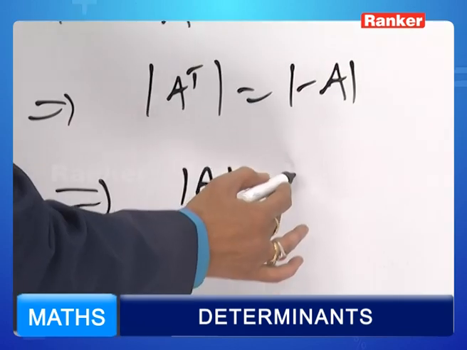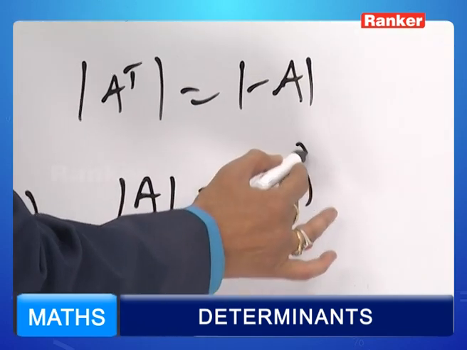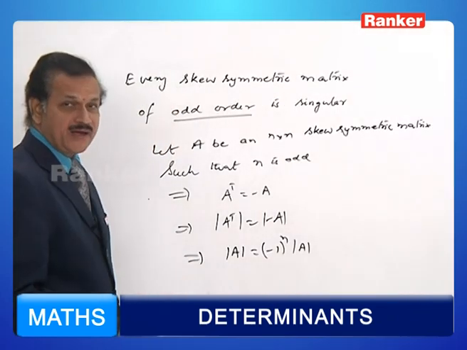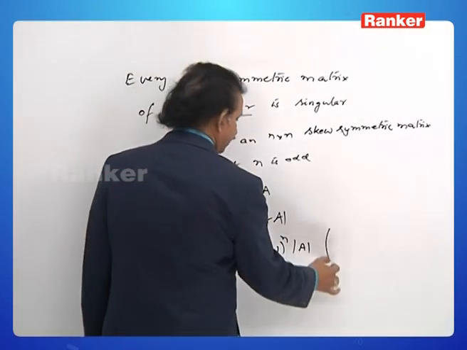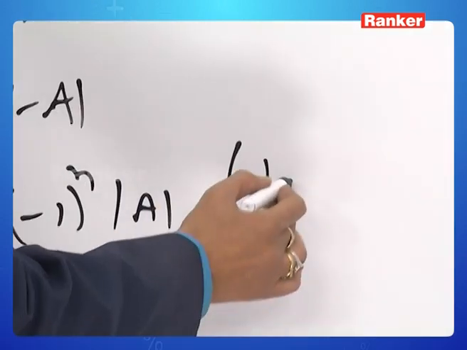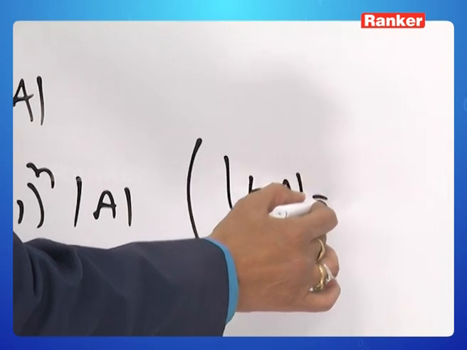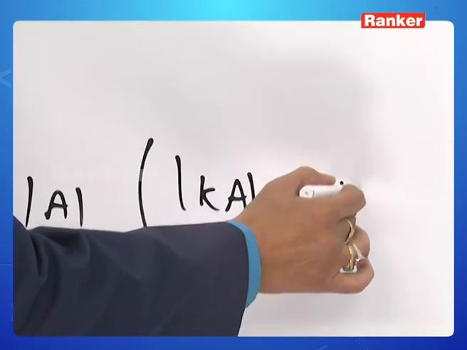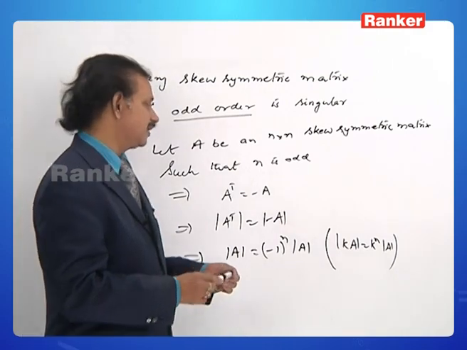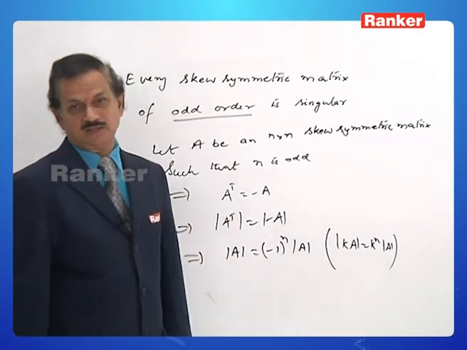And det minus A, how can you make use of that? Minus 1 whole power n into det A. How and why? Here we could have made use of one beautiful result. What is that? Det kA is equal to k power n into det A, where n is the order of the square matrix and k is a known constant or scalar.